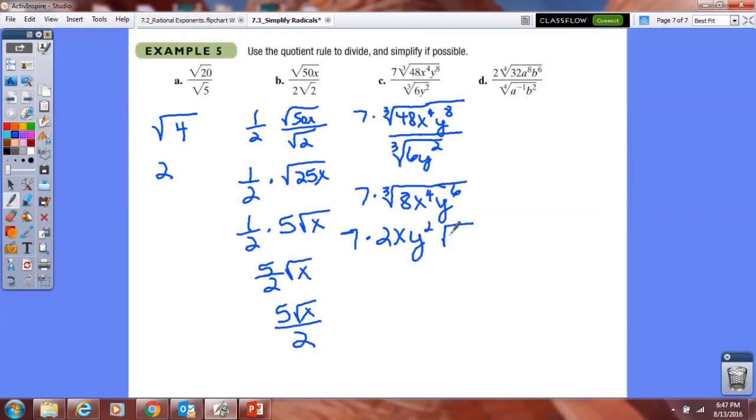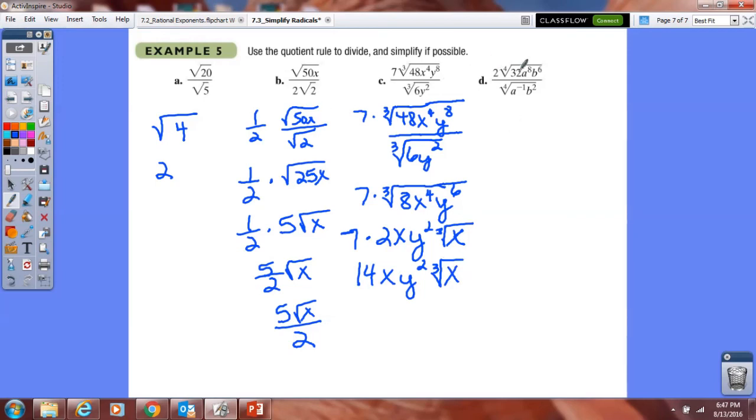So I'm going to keep my radical. I'm going to have an x under there. And then the last step is to multiply the 7 and the 2 together to get 14x y squared in front with the cube root of x underneath.